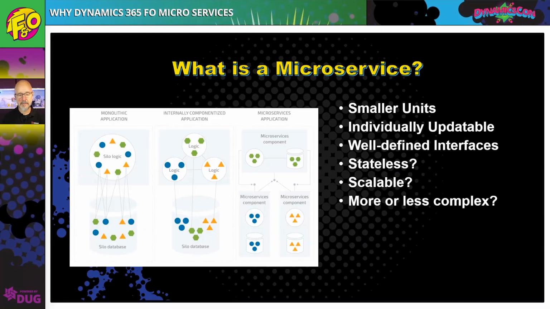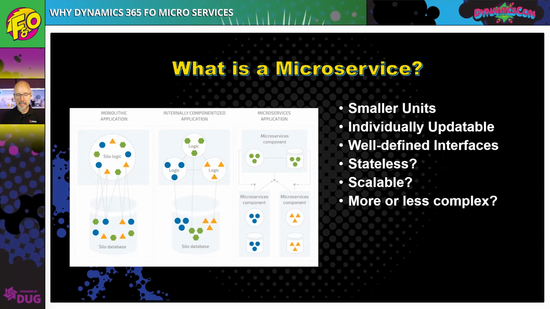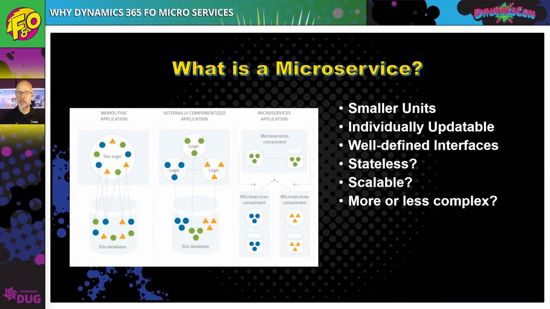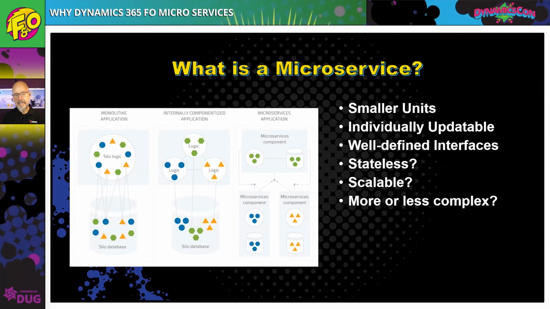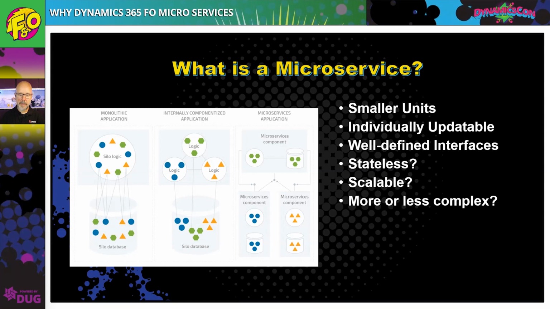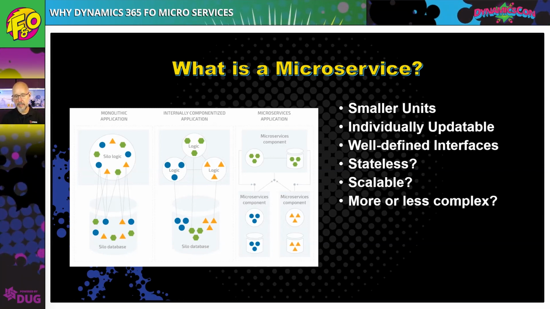This might look a bit more complex than having one specific application, but since we do have these well-defined interfaces, it's actually less complex because you only have to look into one of the microservices at any given time. And as I said before, if you replace one, you can always just create a new one, or you can update code.